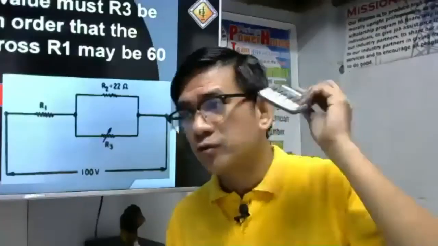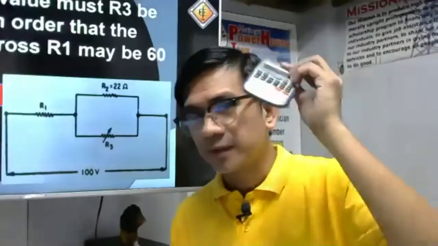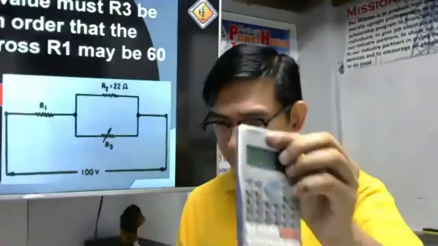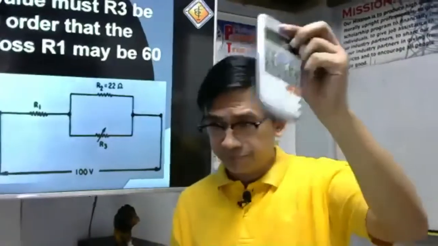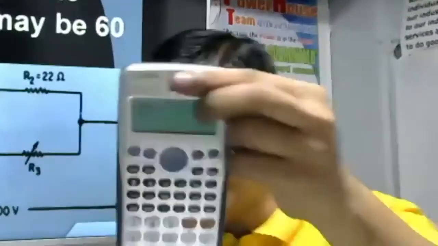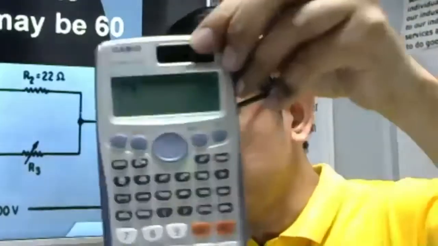If you want to take the licensure exam for master electrician, it's best if you use the Casio 570 ES Plus. The 570 ES Plus is just like this one.